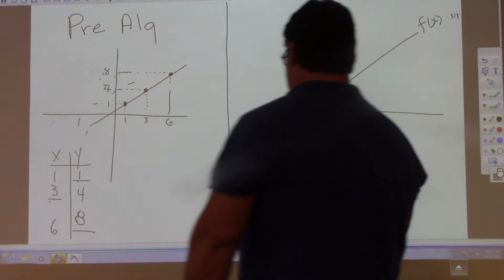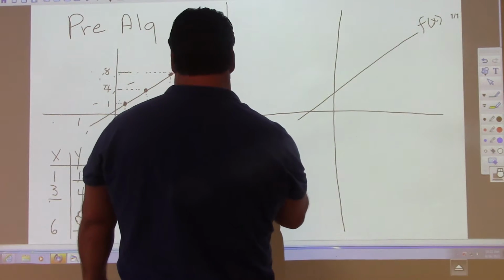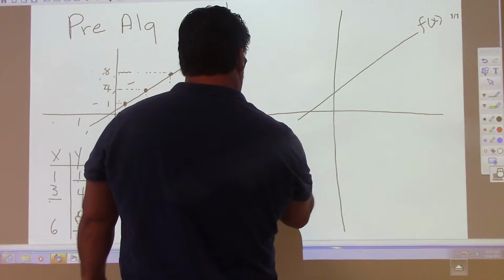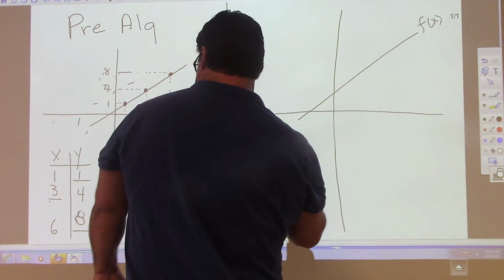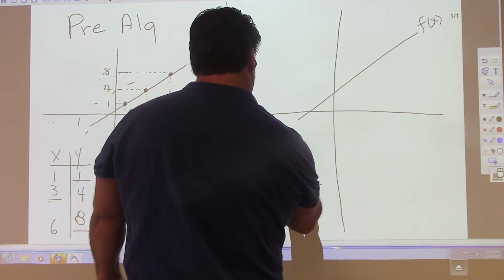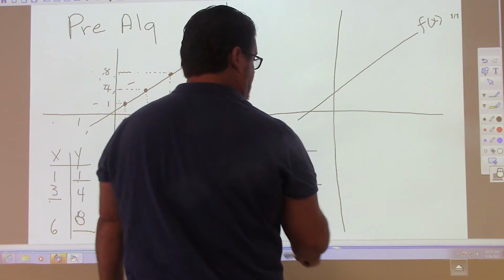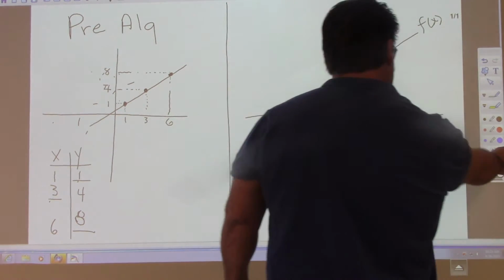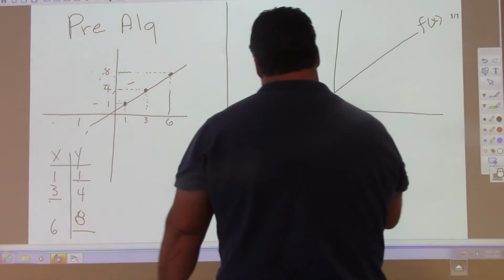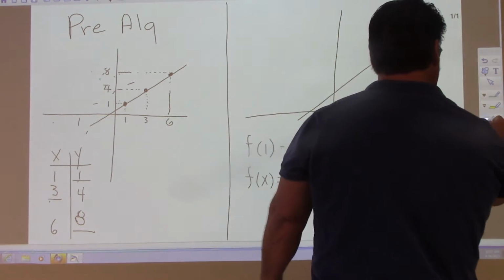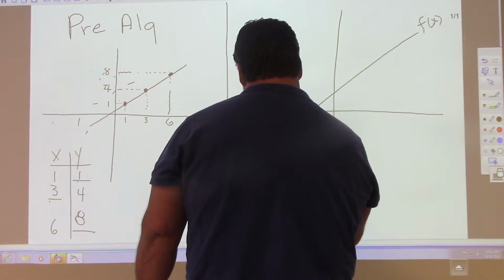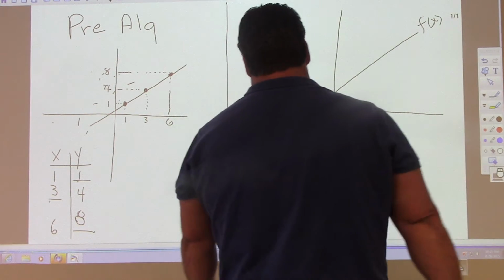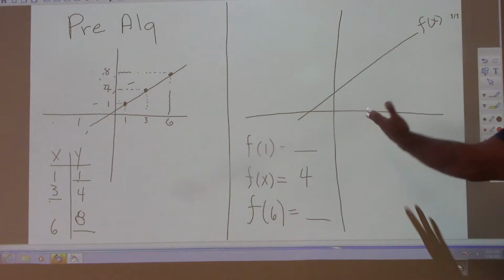And down here, you're going to have f of 1. f of x is equal to 4. And f of 6 is equal to blank. So now you're going to have something like this.